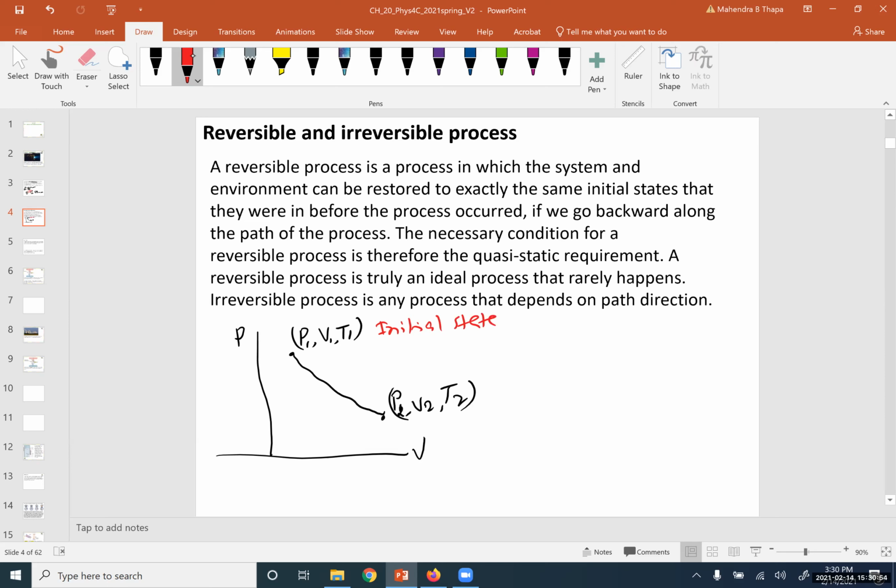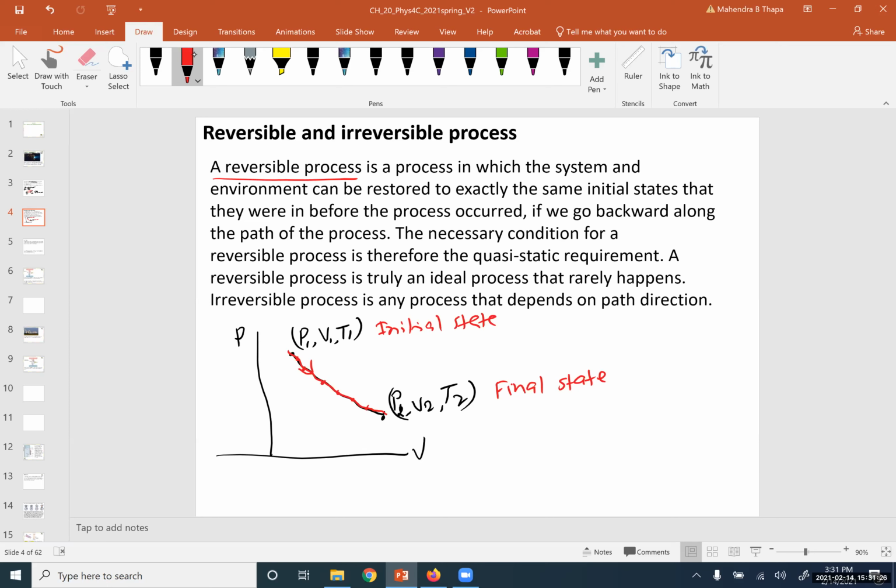If we go from initial state to final state, and then go backward, final to initial, through exactly the same path, this kind of process is called a reversible process.